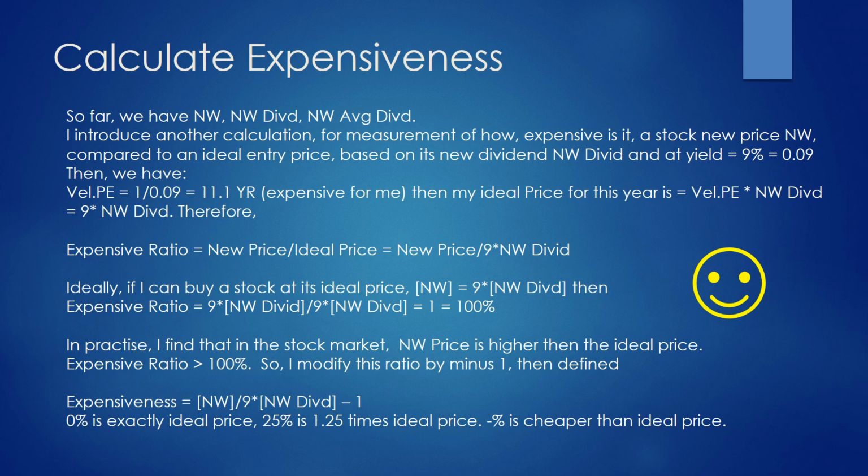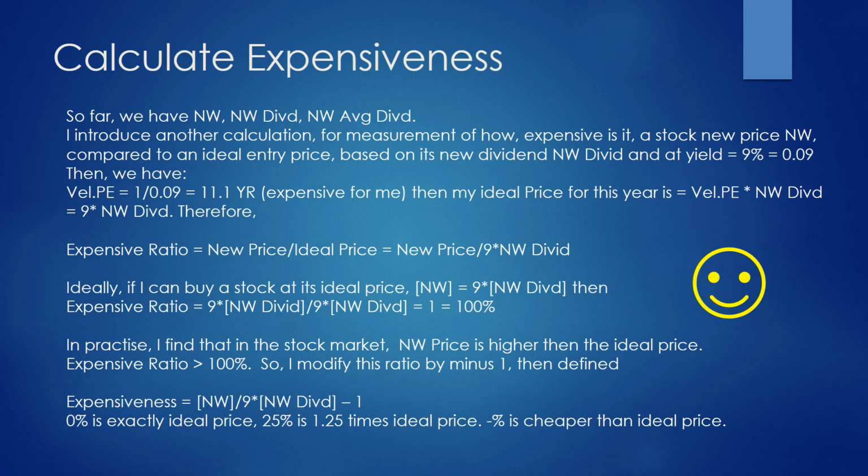Ideally, if I can buy a stock at its ideal price, NW equal to 9 times NW dividend, then expensive ratio equal to 9 times NW dividend divided by 9 new dividend equal to 1, equal to 100%.